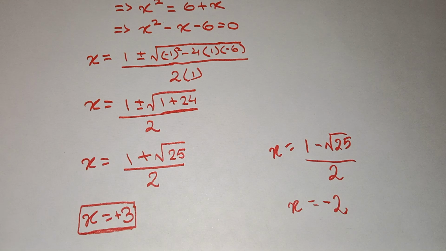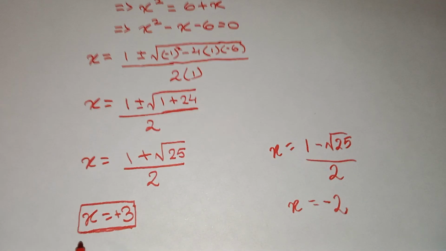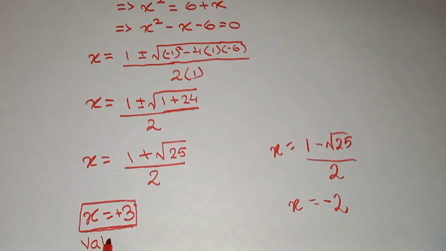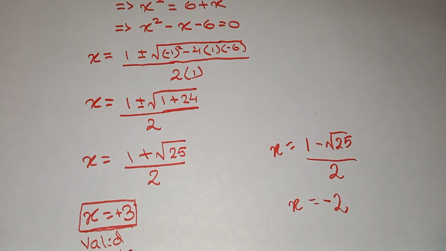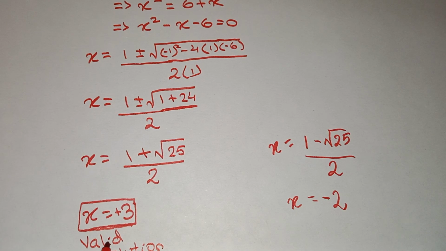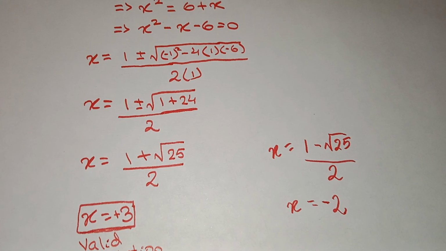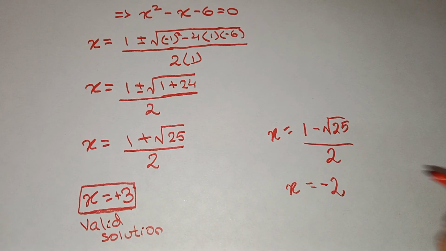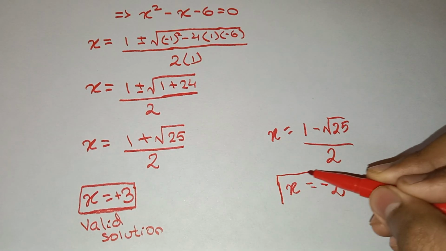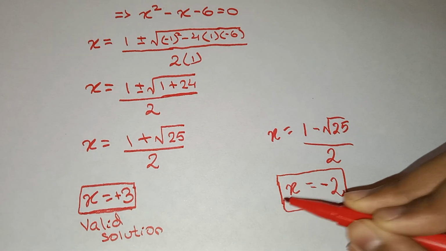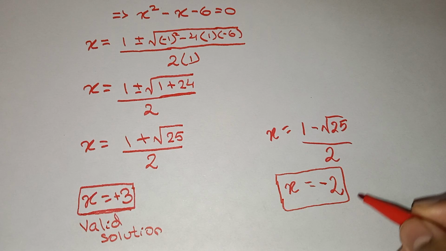The positive answer is called the valid solution, and this answer, x equal to minus 2, is called rejected.